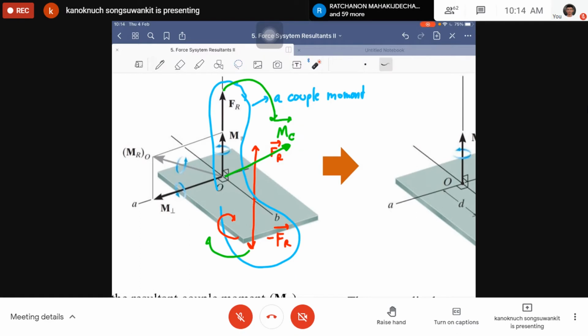So what happened? You can see that these two moments can cancel each other. That is M perpendicular and this MC that is produced from this couple moment will cancel each other.